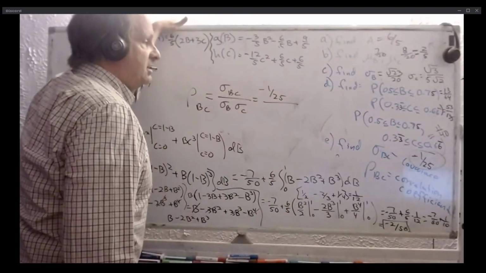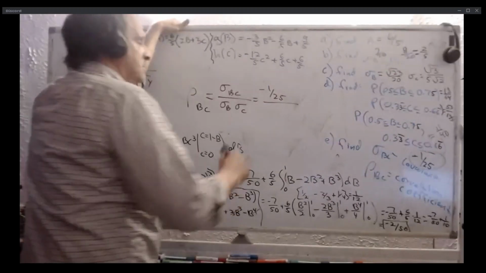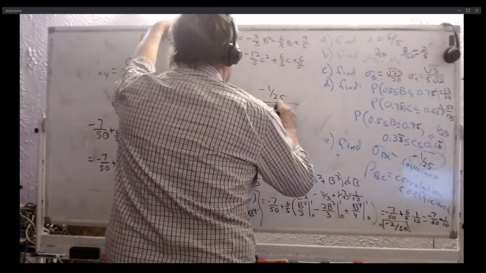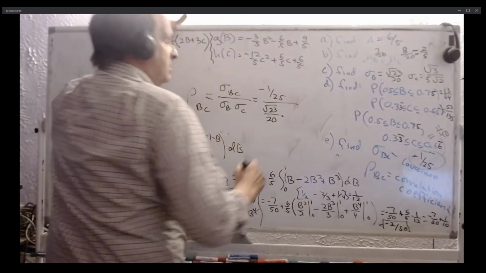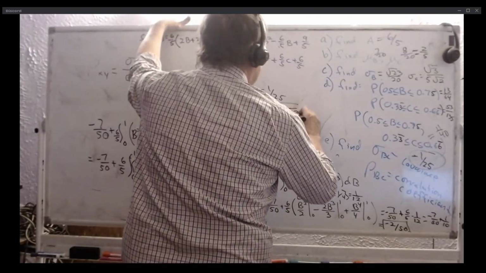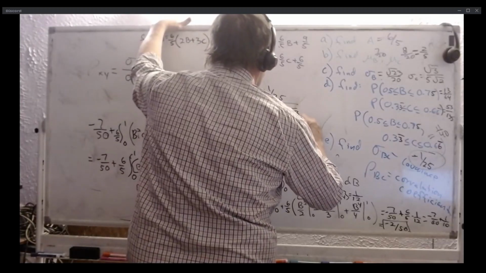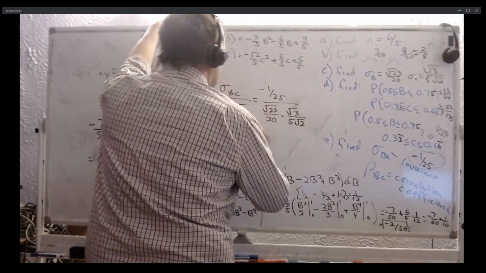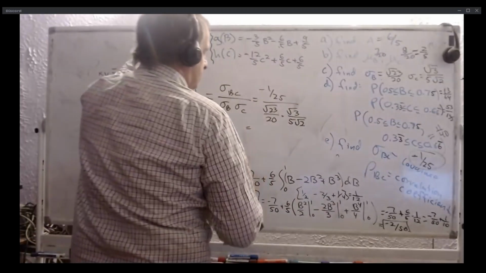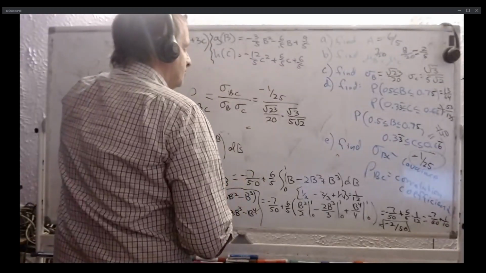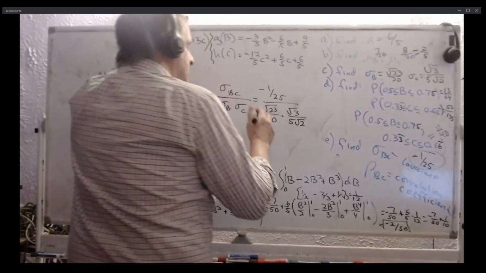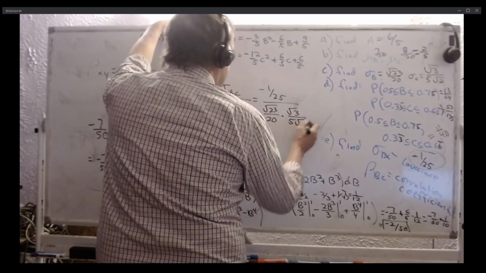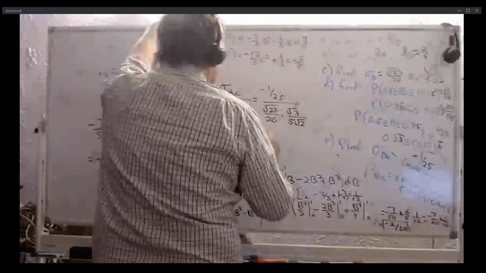What are the two standard deviations we found? Square root of 23 out of 20 times square root of 3 divided by 5 radical 2. And oh boy, you guys are going to have to do your calculator thing on this. This is going to be 100 radical 2, which actually comes up top.